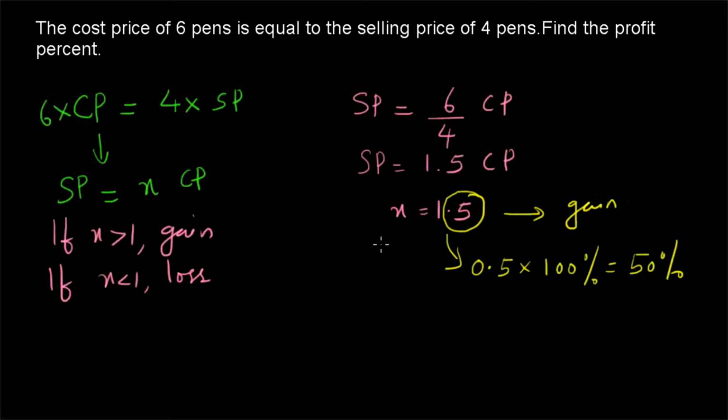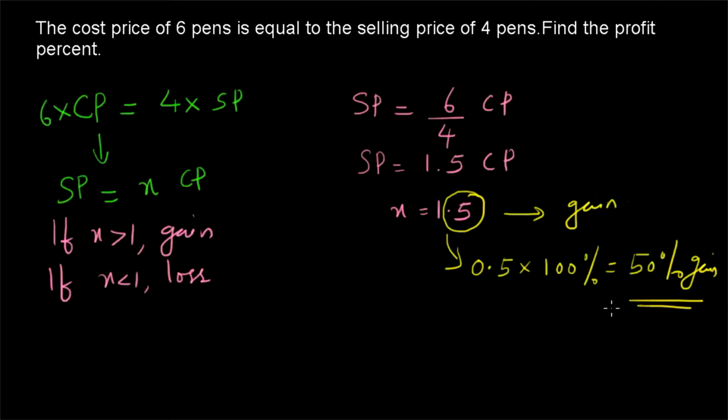If X is greater than 1, we omit this 1 and take the remaining number, 0.5 or 0.2. 0.2 into 100 gives us 20 percent. 0.3 into 100 gives 30 percent. Here it is 0.5, therefore 0.5 into 100 percent is equal to 50 percent gain. That is the answer to our question.